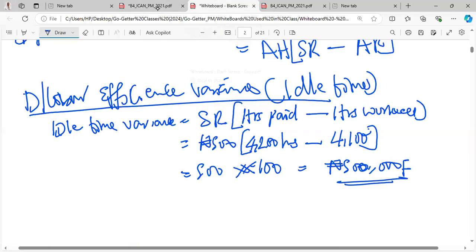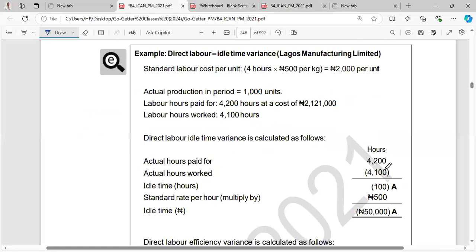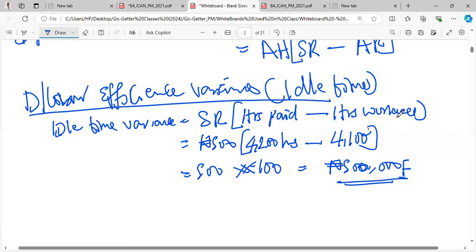Okay, so I'll have to change the formula. Hours worked minus hours paid for.